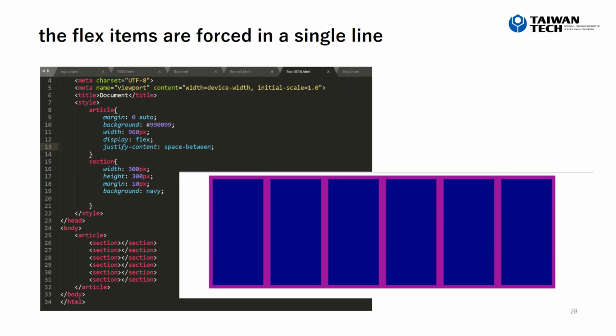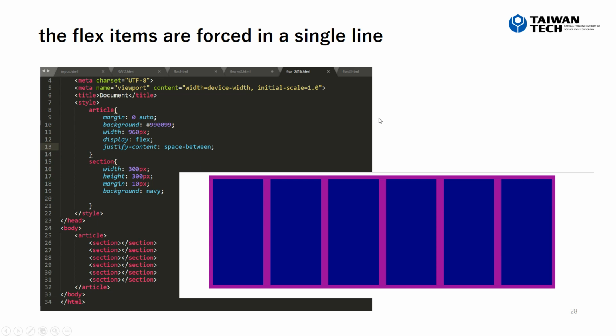And actually we know if today we just use flex items, they are forced in a single line, because all the things will be put in one line, in one row. But sometimes we want to have a second row or second line.